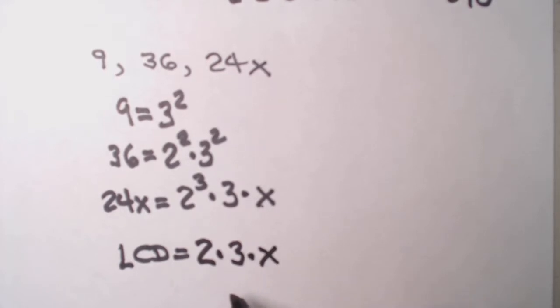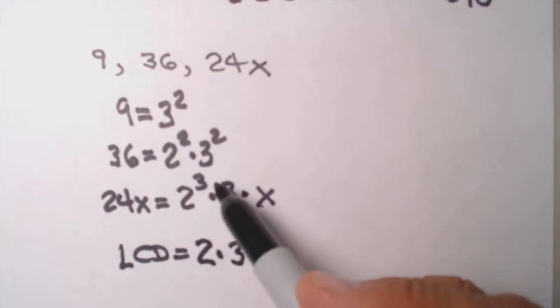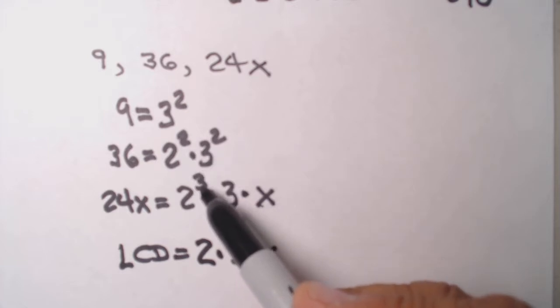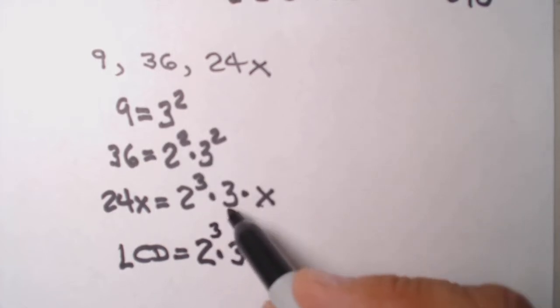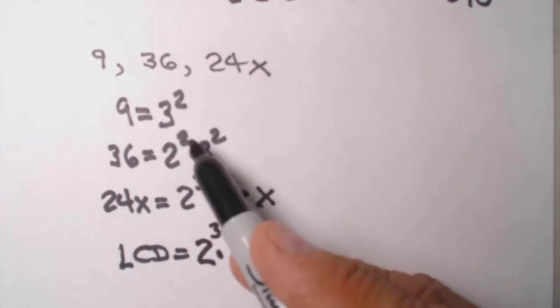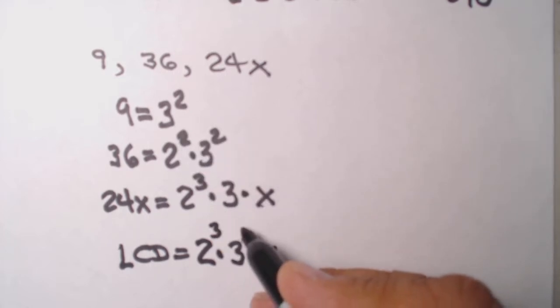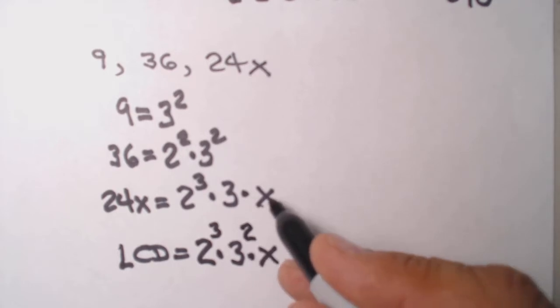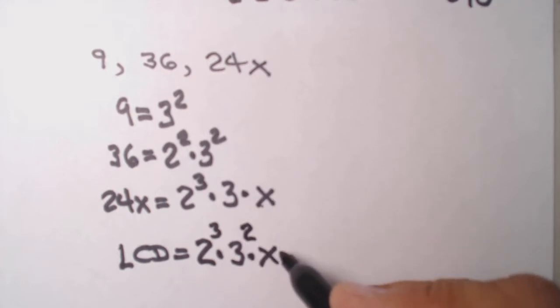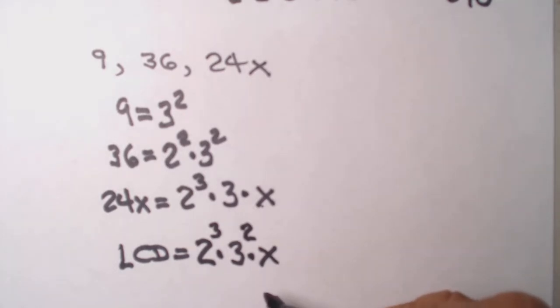Now remember, you go back and you take the highest power that you see for each of these bases. 2 is squared and cubed here, so it's going to be 2 cubed. 3 is first power here and squared in both of these. So the highest power we see for any of the 3's is squared. And of course the x is all by itself. You could put a power of 1 here, but let's just leave it as x.